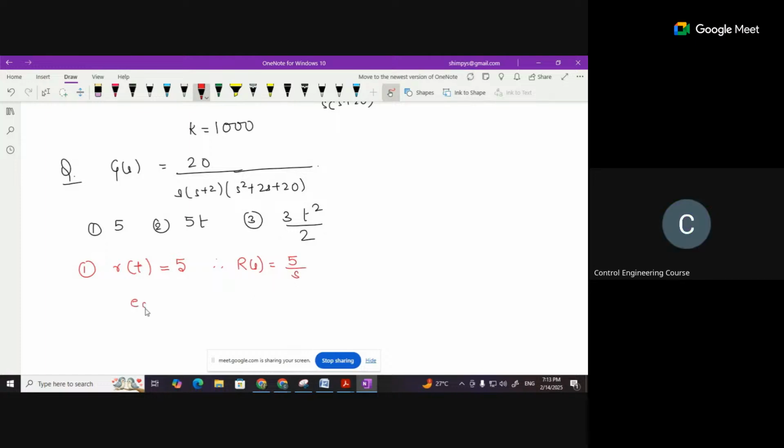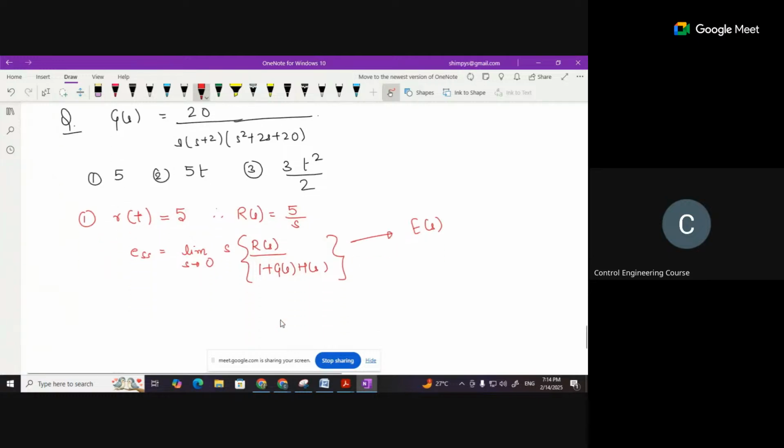So the steady state error will be limit s tends to 0, s R(s) by 1 plus G(s)H(s). And what is this entire thing? This is nothing but our error E(s), correct?